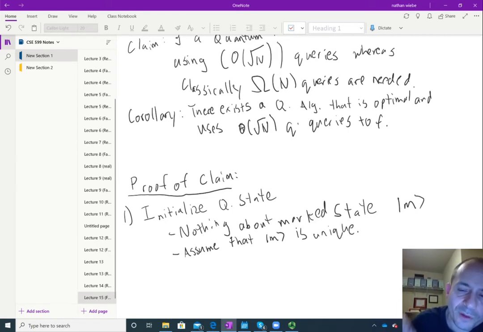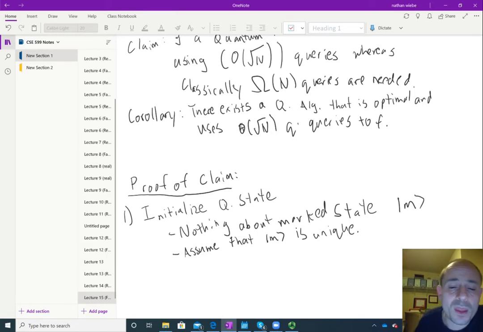Once we've talked about amplitude amplification, it'll be clear how to easily generalize all of this to non-unique marked states. But let's just focus on the simplest possible case first. So we're going to focus on the case where M is unique.